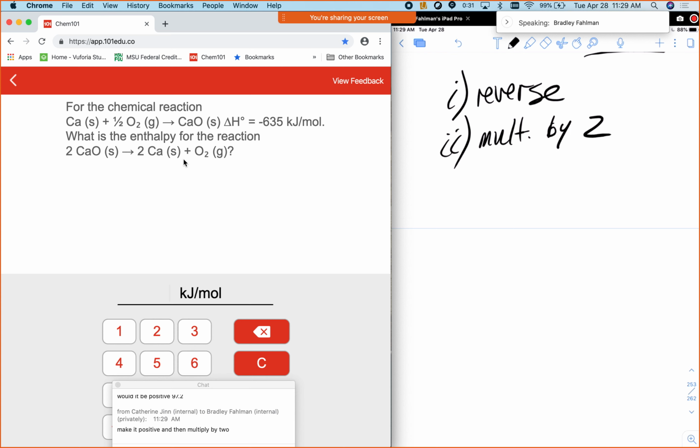So for this, if you reverse it, it's going to go to plus 635, right? You're reversing the sign. And then you're going to multiply by 2. So it's going to be 635 times 2, so plus 1270.